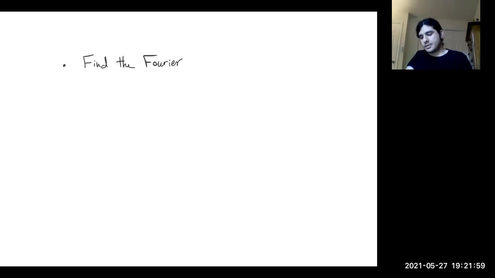Okay, great. So let's compute some examples. You can think about each one for a few minutes and then I would solve them. Find the Fourier series for the function f of x.